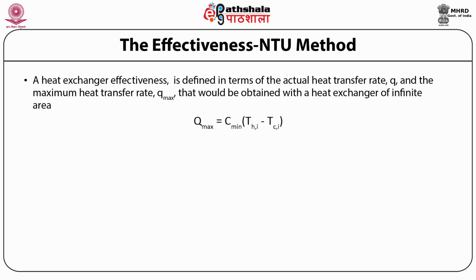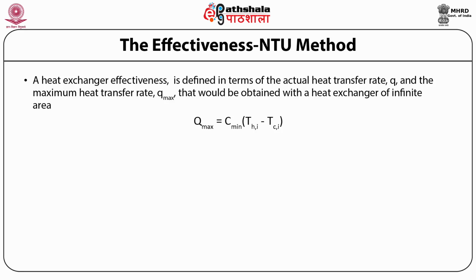So Q max, that is maximum heat transfer rate, may be represented as C minimum into Thi minus Tci. There are two cases.